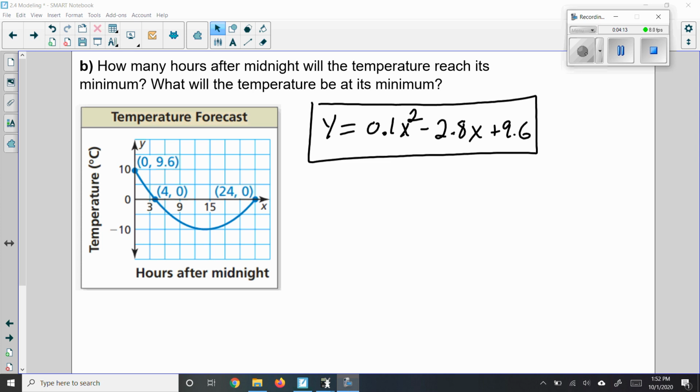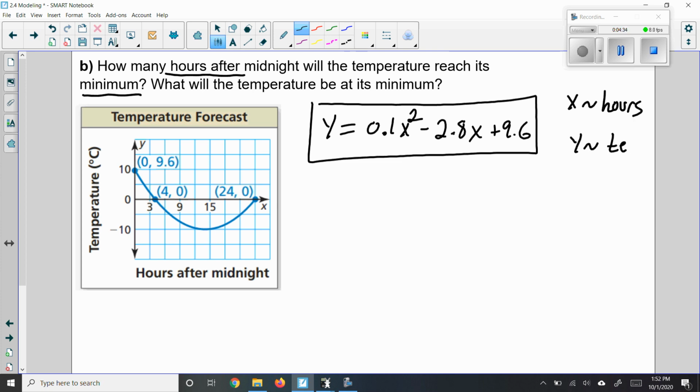Now it's asking, how many hours after midnight will the temperature reach its minimum? We want to know the x value. It says how many hours after midnight. Recall that x was hours after midnight and y was the temperature. So this is asking us for the x value of the vertex. The x value of the vertex, recall, is negative b over 2a.